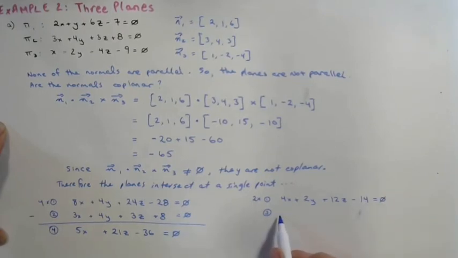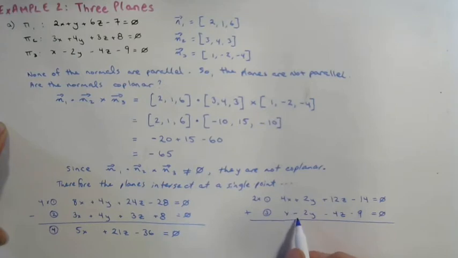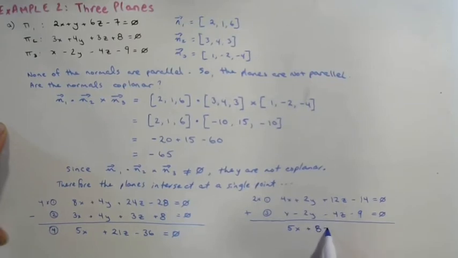And equation 3 I can copy down is x minus 2y minus 4z minus 9 equals 0. I'm going to add those because I have opposites here as my coefficients for the y. So I've got 5x plus 8z minus 23 equals 0, and we're going to call that equation 5.